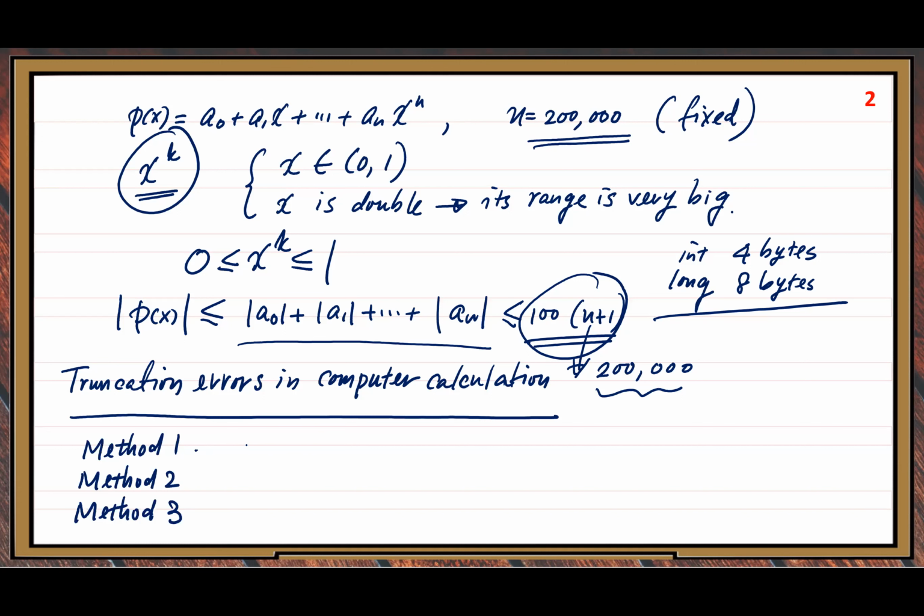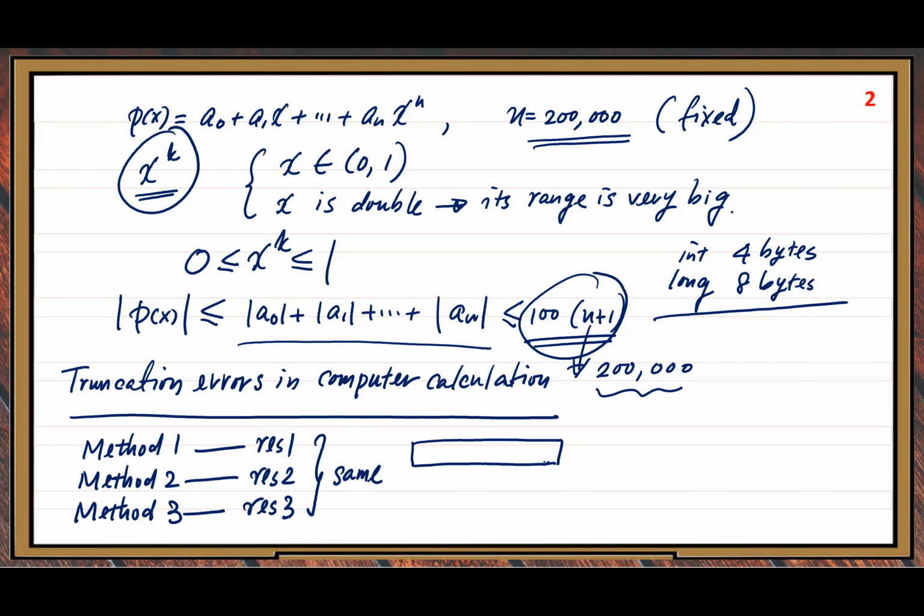You have result 1, result 2, result 3. We expect them to be the same, right? But after you produce these three numbers, when you compare them, some of them may not be exactly the same.